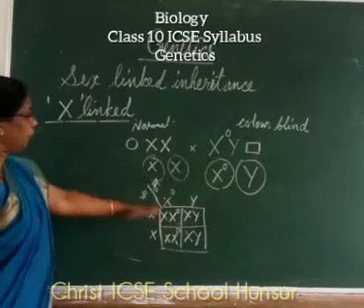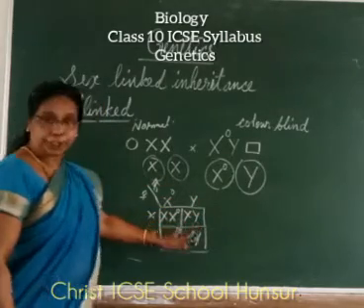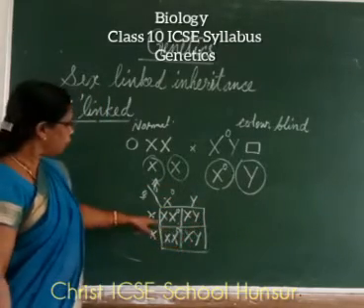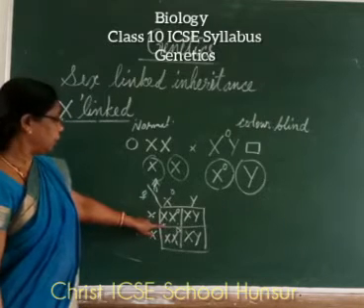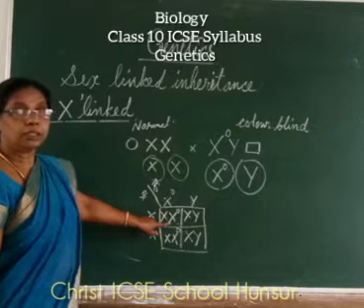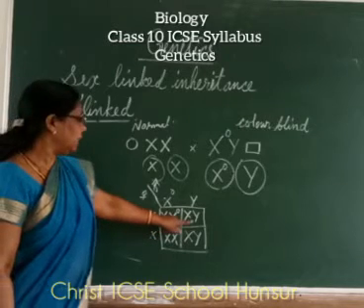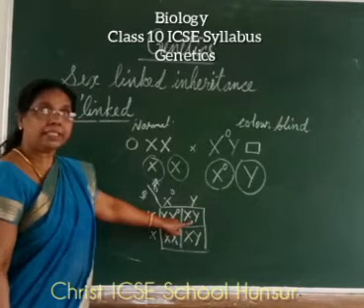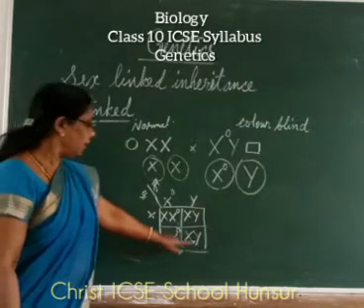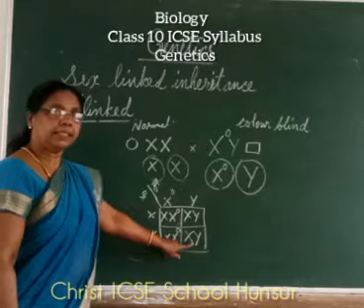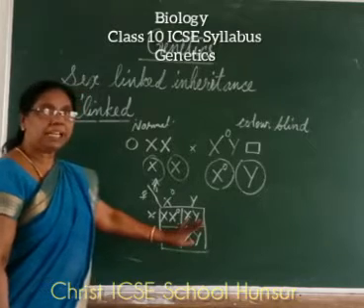So can you tell what this genetic constitution is? The first one, whether it is a male child or a female child? Yes, you can see XX, so this is a female child. And this one, XY, is a male. Here XX is a female, whereas this last one, it carries XY, it's a male child.